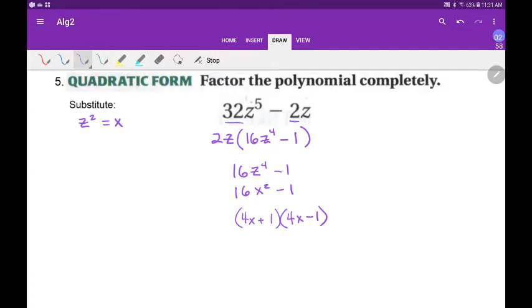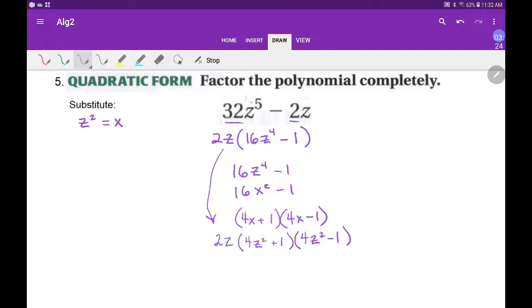And then I can substitute that back in, and instead of saying 4x, we'll say 4z squared. We put it back in, plus 1. And I can't factor that. And I say 4z squared minus 1, and while I'm at it, let me put the 2z back out there in front, 2z.